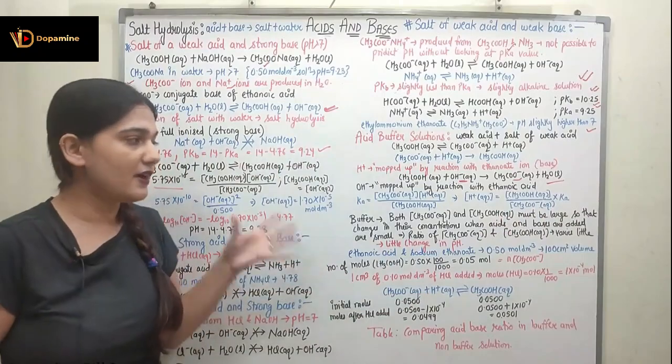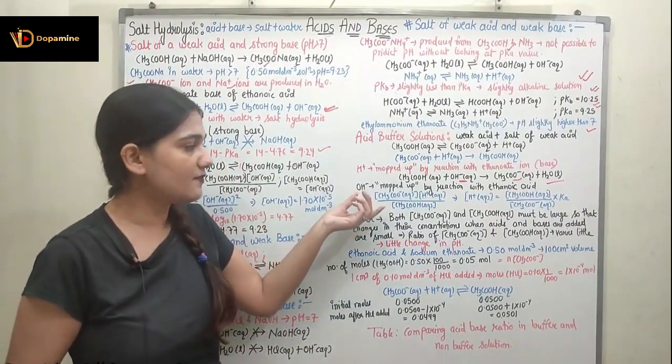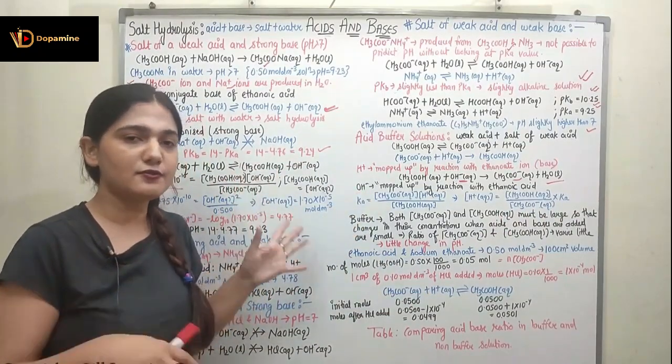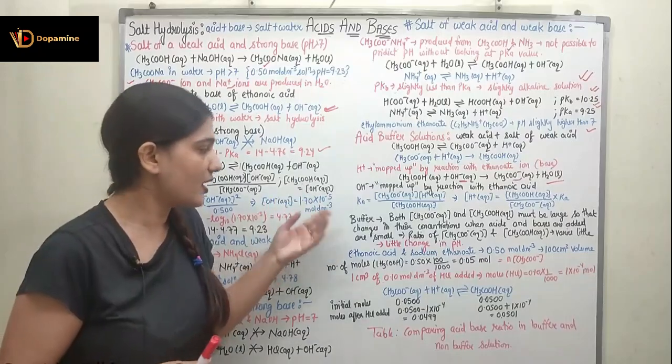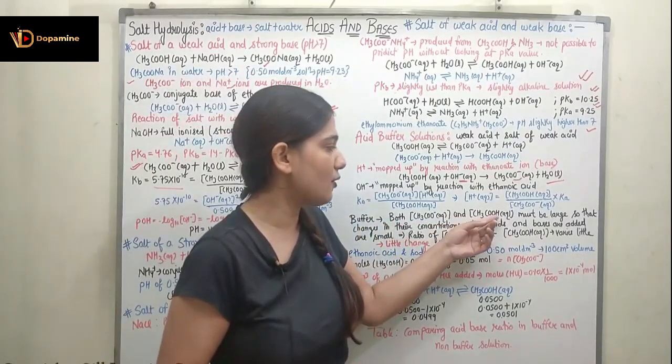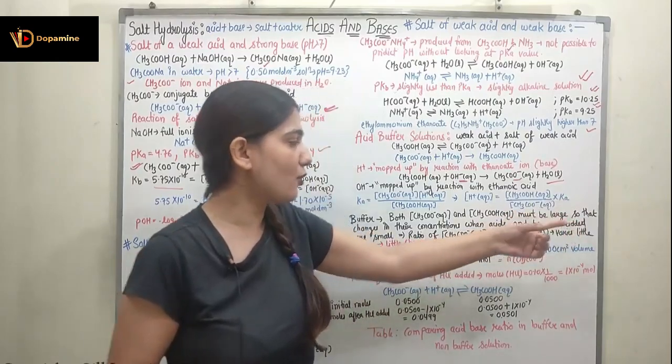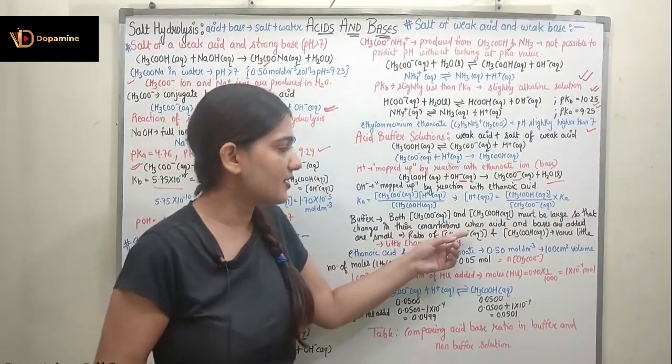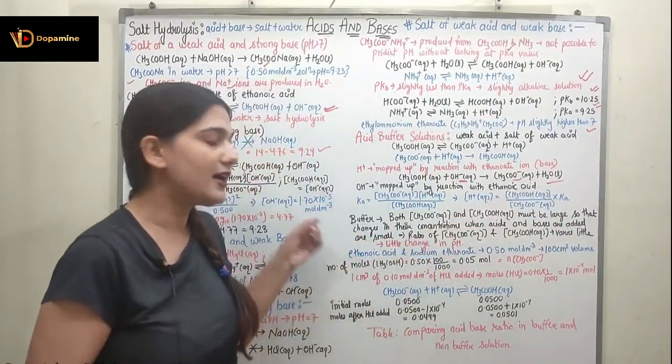So what is a buffer? We observe this Ka, and from here we deduce how it acts like a buffer. A buffer has both CH3COO negative and CH3COOH, and their concentrations must be large so that the changes in their concentration when acid and bases are added are small.